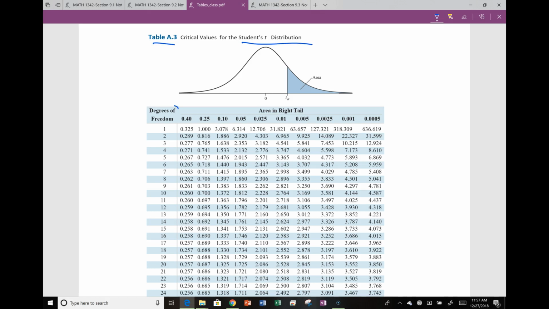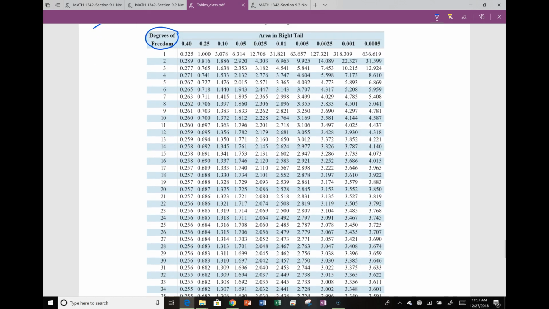Remember, when we're looking at the t-distribution, we're looking at degrees of freedom. Degrees of freedom, remember, is n minus 1. So we take our sample size and subtract 1 from it. Now you'll notice that this says it's the area in the right tail, so that's why it only gives you positive values.